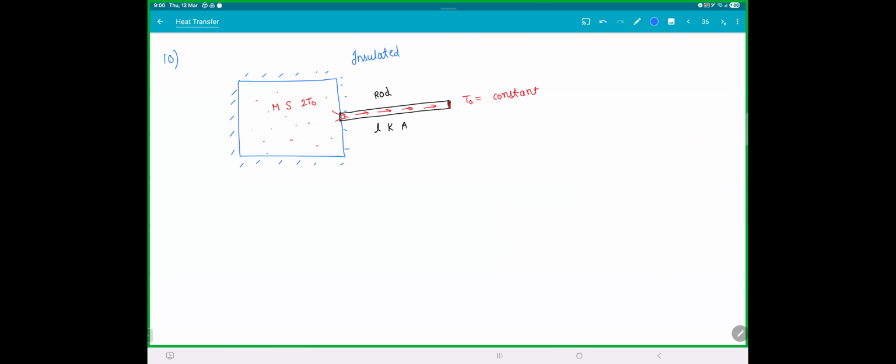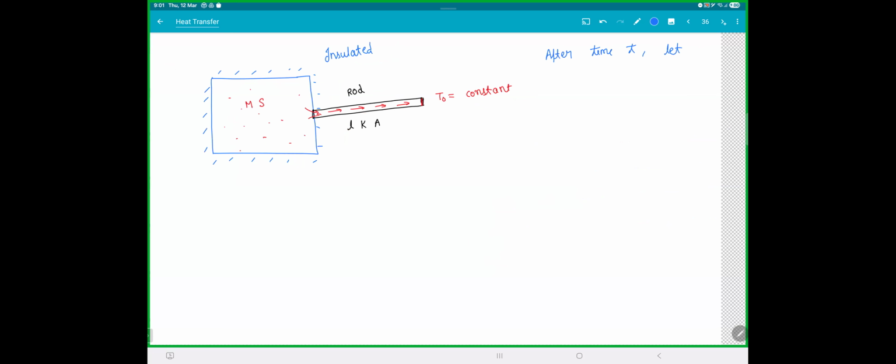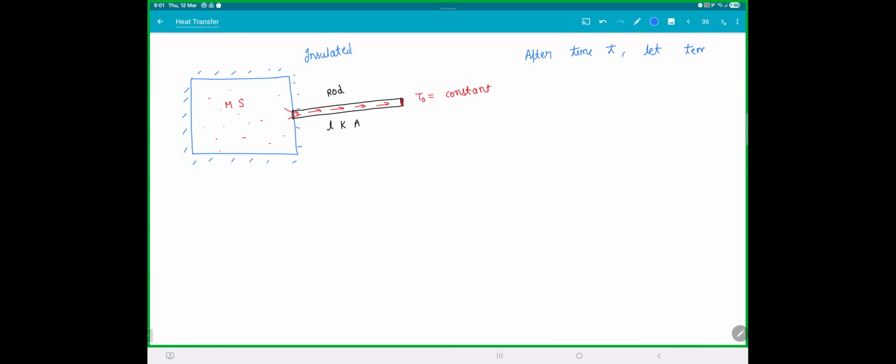So after time t, let the temperature be T. Then in a small time dt, let dq heat escape from the liquid through the rod.